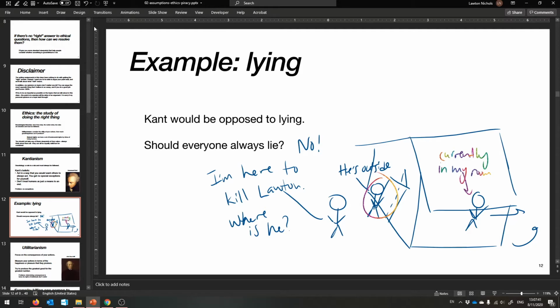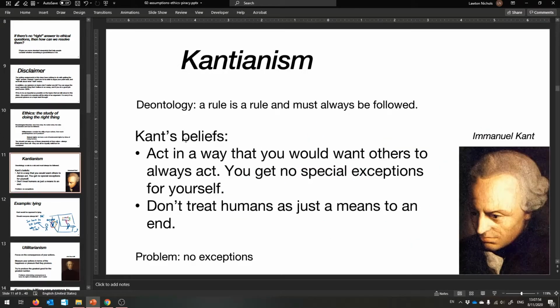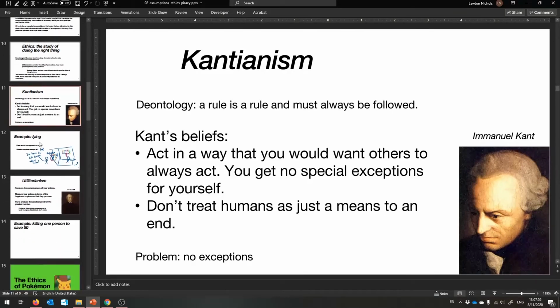So that's one argument in favor of never lying. You might accidentally be correct and cause my death accidentally. Okay, so that's a fun one. Kantianism, just remember, do you always want other people to do this thing?